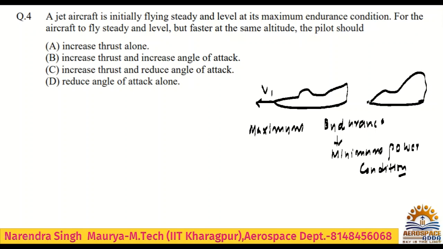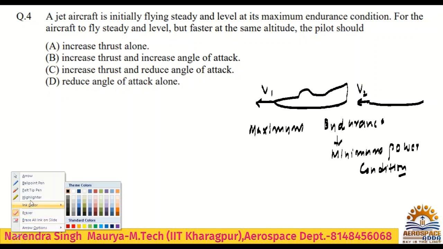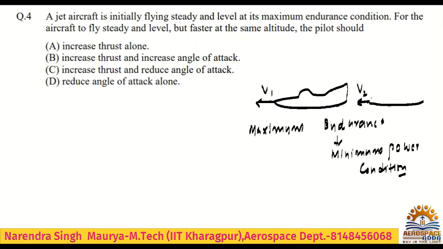This is V2. This V2 should be higher than V1 for the same altitude. How is it possible?